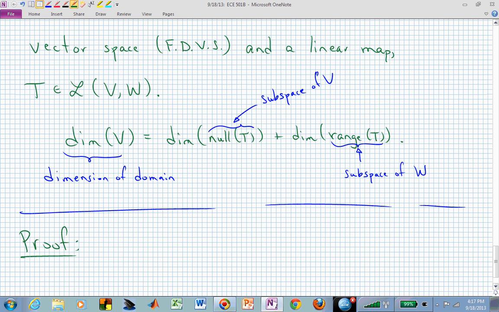First, let's just assume we have a number for the dimension of our null space.